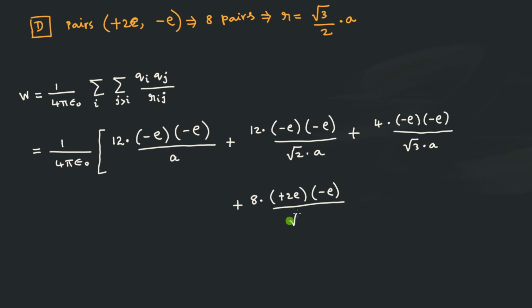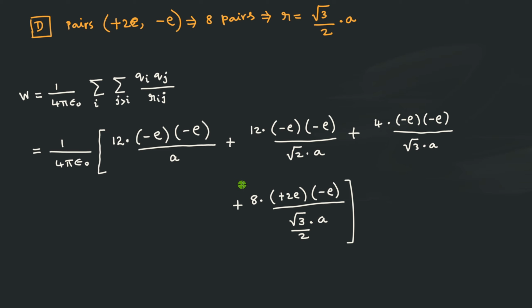So you write that this is root 3 by 2 into a. And that's all, nothing more is there. So you have considered all possible pairs, and this will be the total energy of the system.